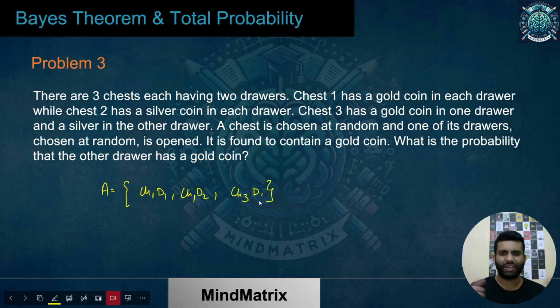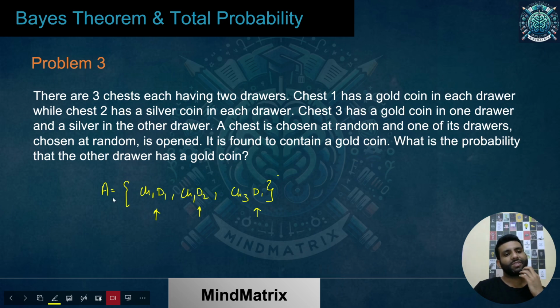Let's suppose, this is my assumption, that from chest 1 the drawer picked up was D1, or this could be the one or this could be the one. This is a scenario we have just created for understanding: what was the drawer picked up, and then we had a gold coin.